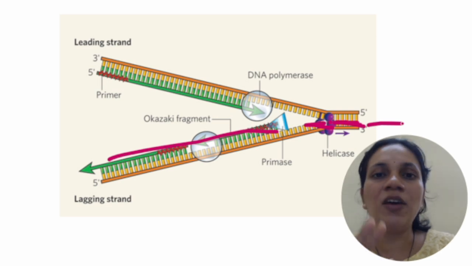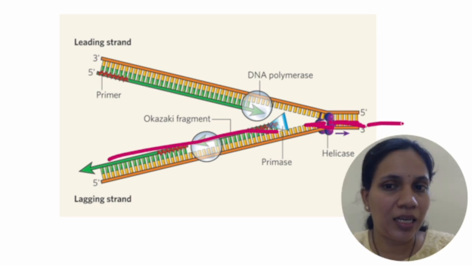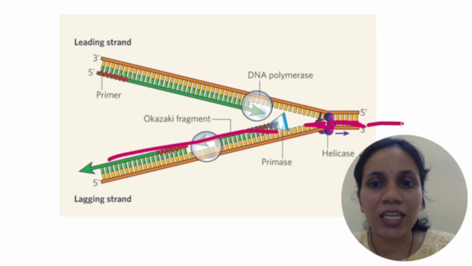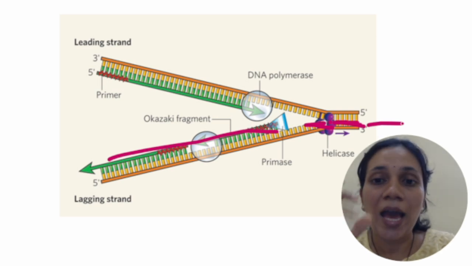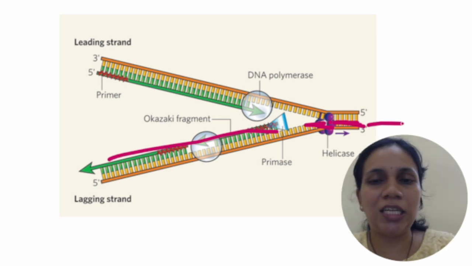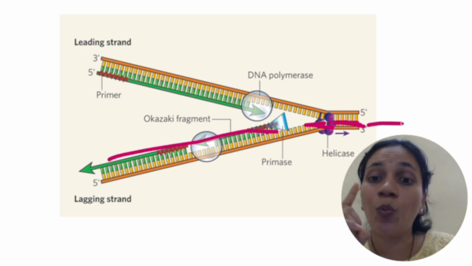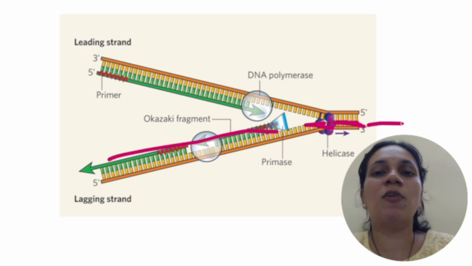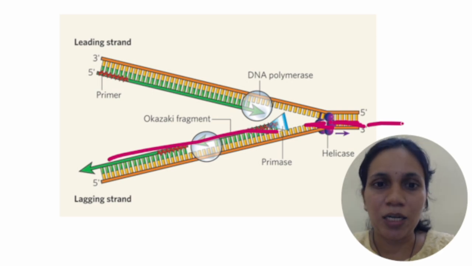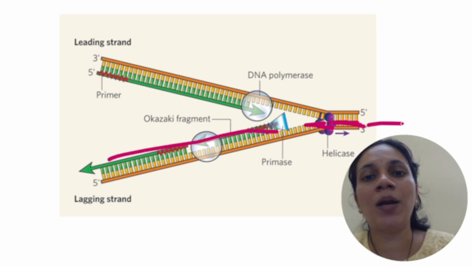The reason why we have two types of strands, leading strand and lagging strand, is the action of DNA polymerase, the DNA dependent DNA polymerase, because it works only in one direction, 5 prime to 3 prime. That means it has to add the dNTPs only in the 3 prime direction.